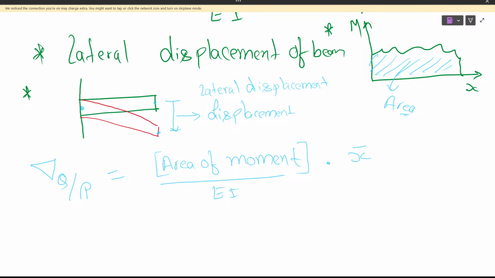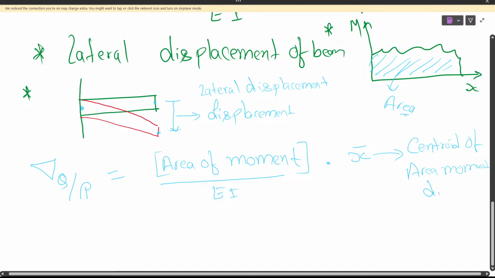What is X bar? X bar is the centroid of the area moment diagram, measured from point Q.